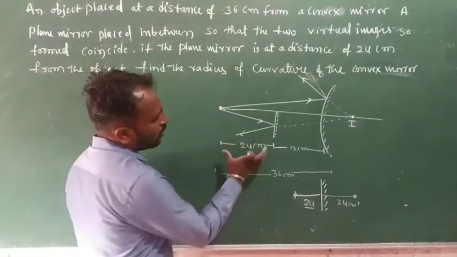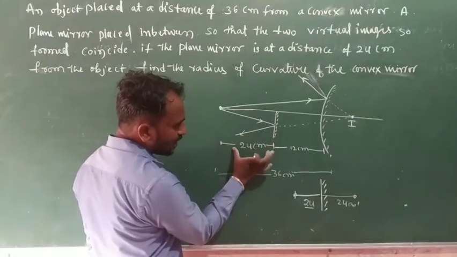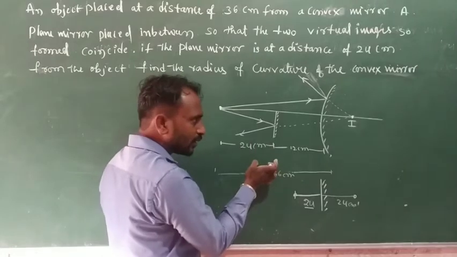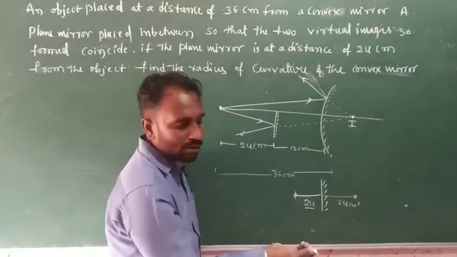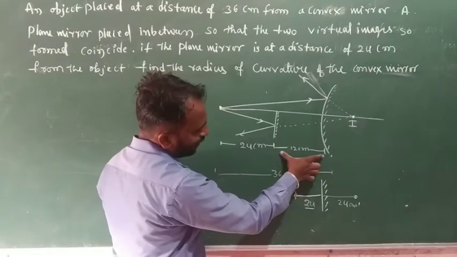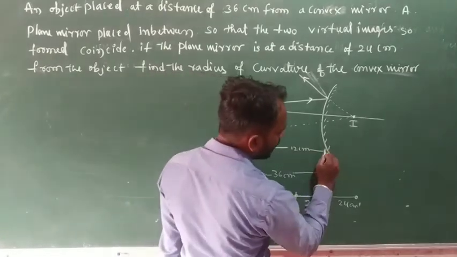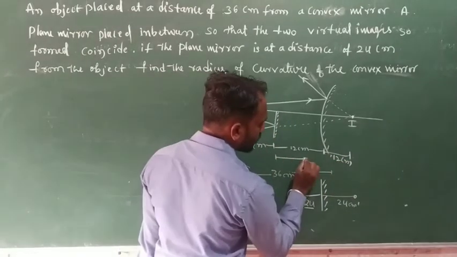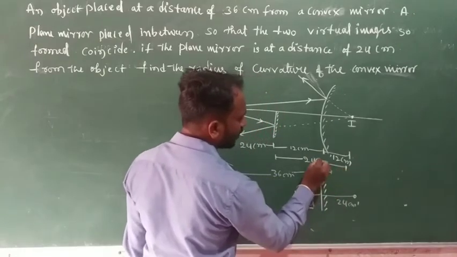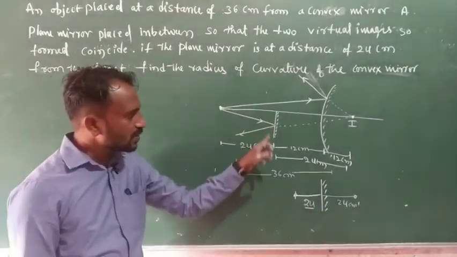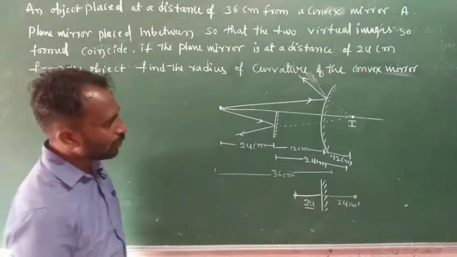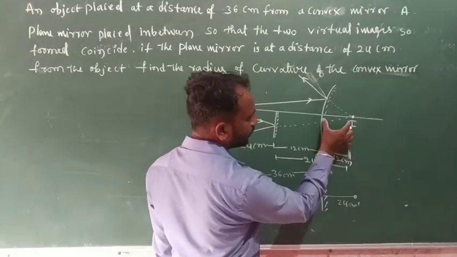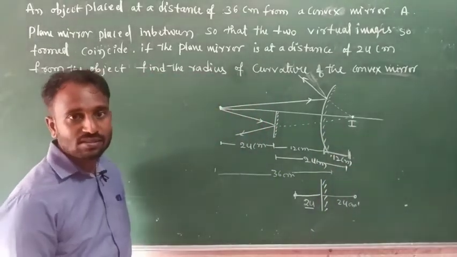The same way, the object to mirror distance is 24, and from the plane mirror to the image distance is also 24. Already 12 centimeter is there, so the image distance from the convex mirror is 12 centimeter.